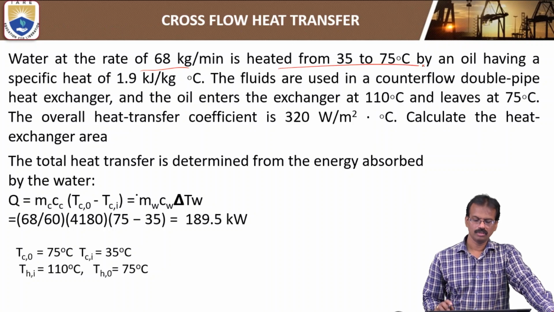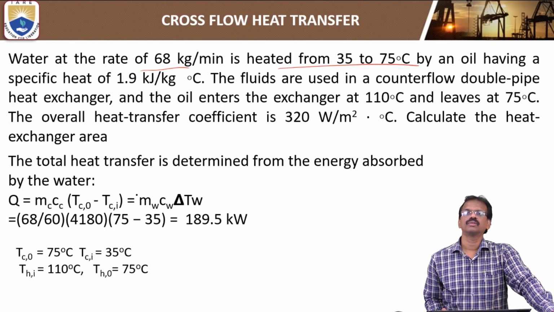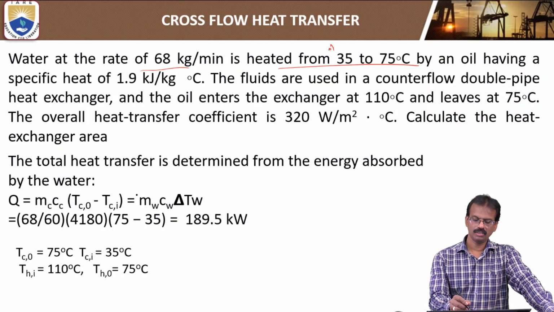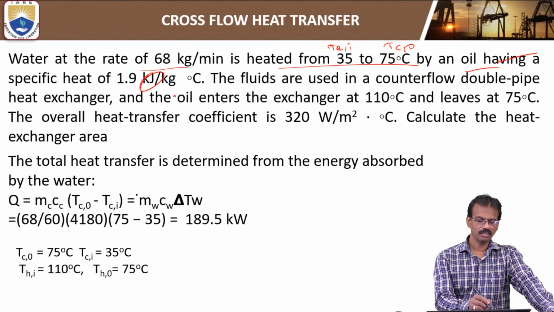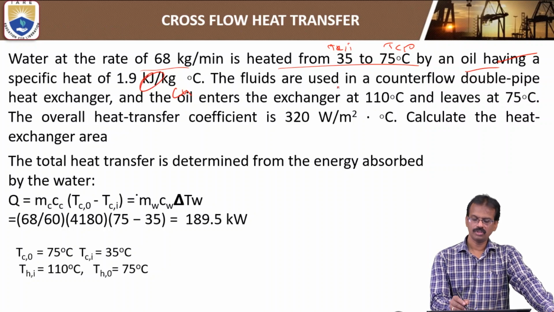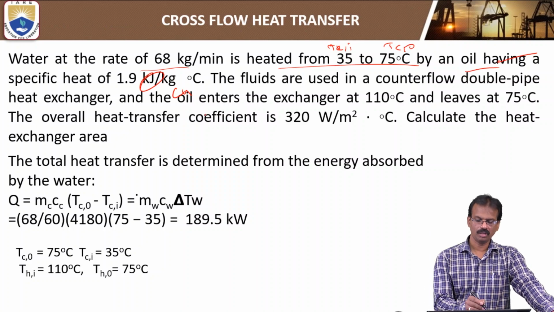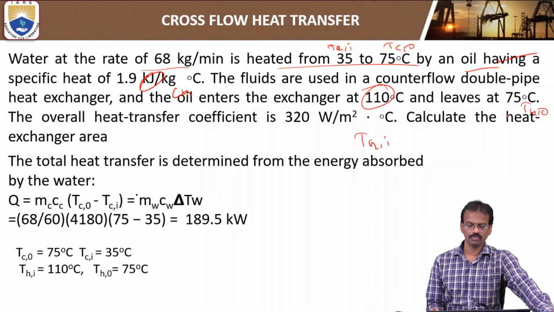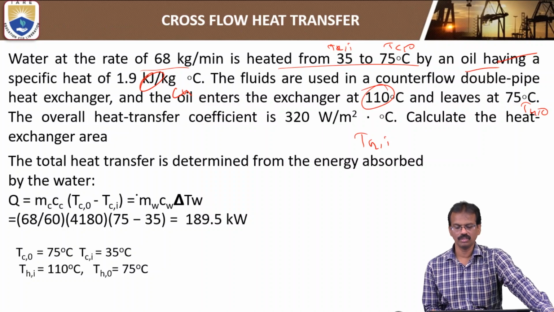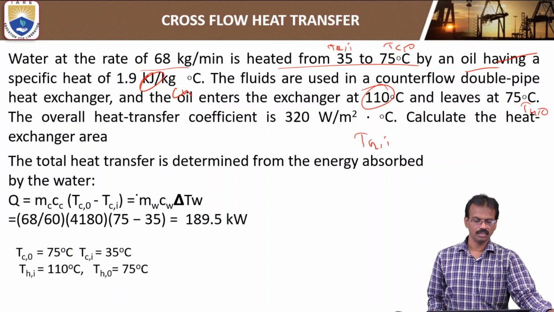The water inlet and outlet temperatures TCi and TCo are also given, and the oil, the other fluid, is the hot fluid; its specific heat CH has been given directly, and the fluids are used in a counterflow exchanger. The oil inlet temperature THi is also given, and THo is also given. So four temperatures, the hot and cold fluid inlet and outlet, have been given.